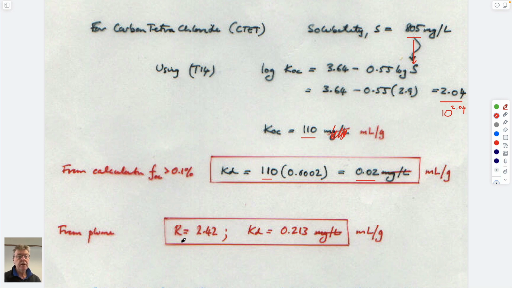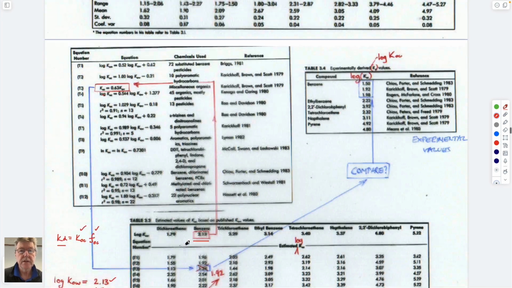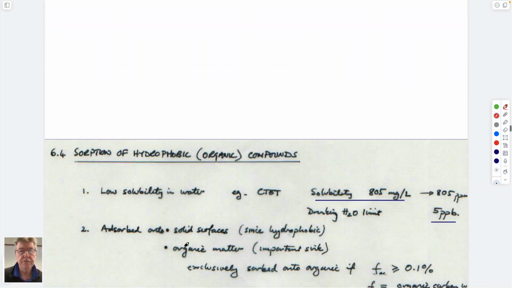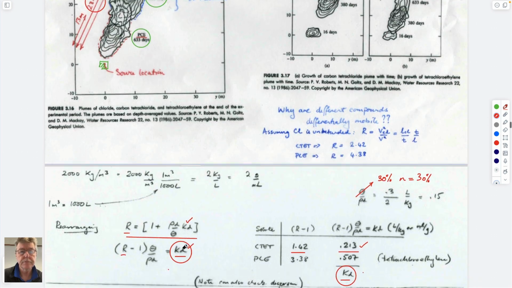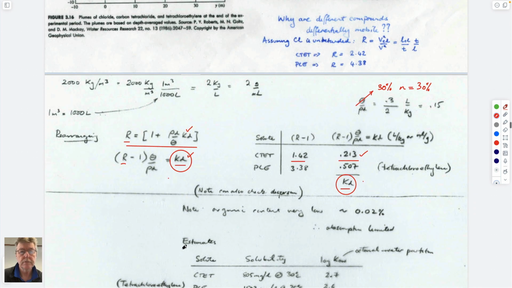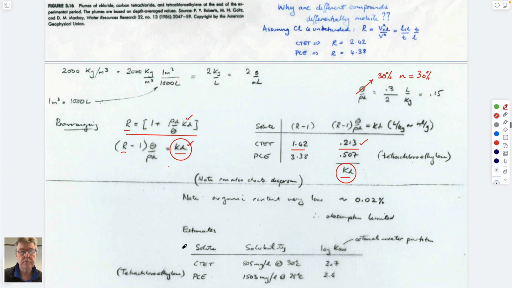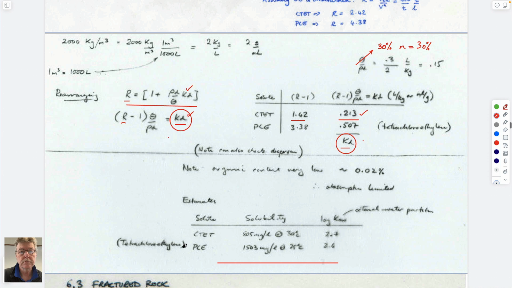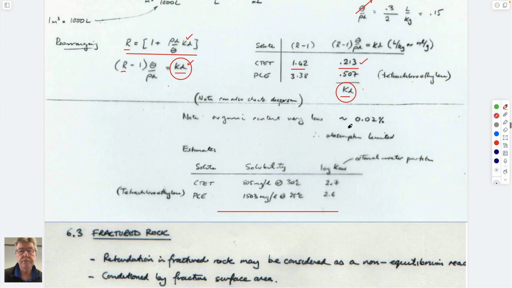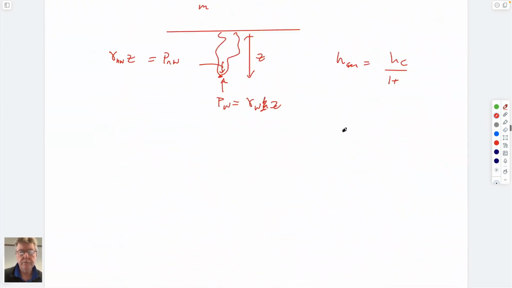If you look at the data from Borden, I thought I said it was 0.24, not 2.4. Yeah, okay, this is Kd.